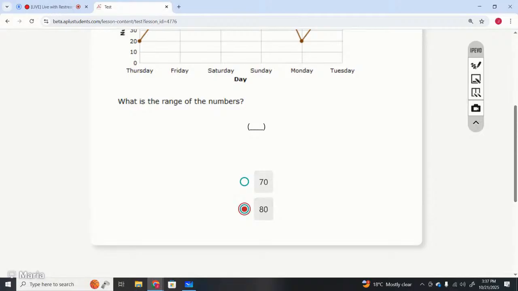Eighty it is. 100 minus 20 is 80. Option number 2 is the correct option.